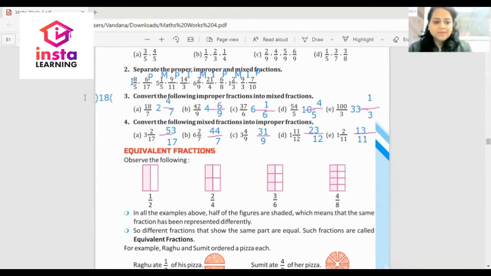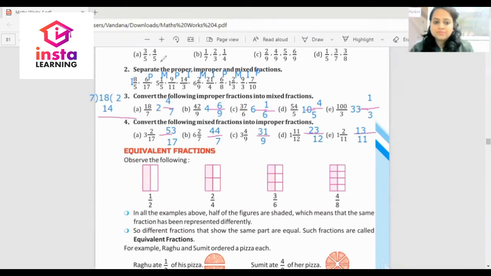So write here 7, and then 7 ones are 7, 7 twos are 14, 7 threes are 21. So write here 2 as the quotient. Now write your answer 14 here and now you will get the remainder. What is the remainder? The remainder is 4.